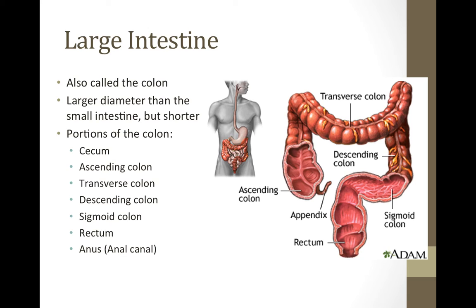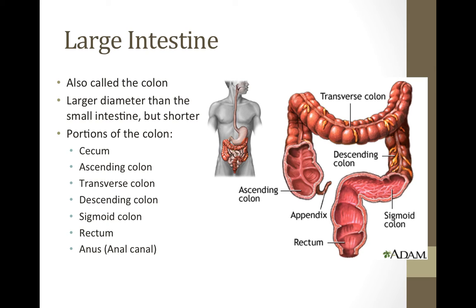Okay, after the small intestine, we get into the colon or the large intestine. Okay, colon and large intestine are pretty much interchangeable, and it has a larger diameter, but it is much, much shorter than the small intestine, and actually less digestion takes place in the large intestine, and more absorption occurs.